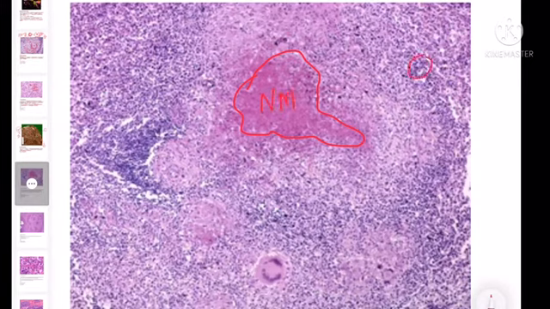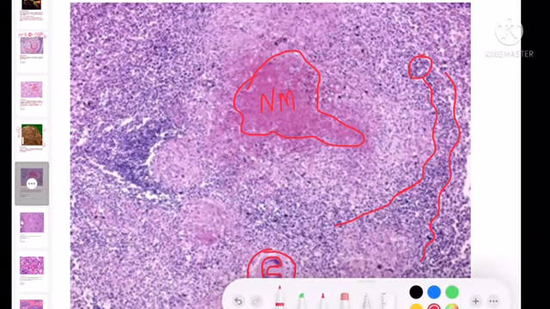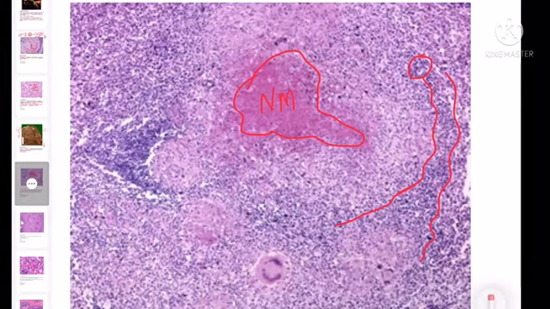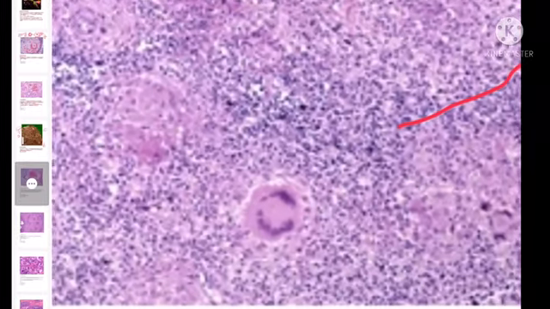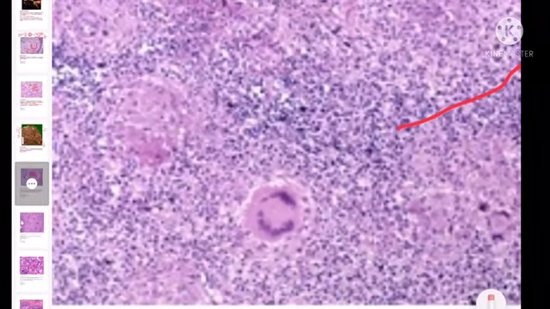A lot of inflammatory cells, especially a collar of lymphocytes. Then I can find this type of cell with multiple nuclei, which is arranged in the periphery. So this is a giant cell. Look at this, this is a giant cell.